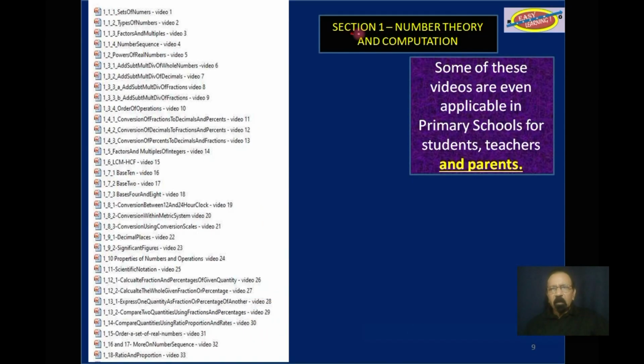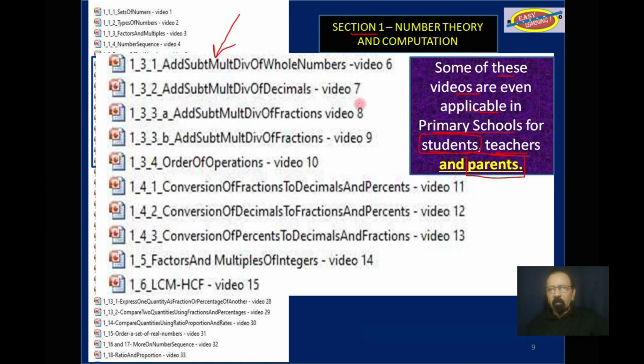Still on section 1, some or most of these videos are applicable even in the primary schools, for students who could look at the videos on their own, either before or after the topic is taught in school, for teachers who may use them as part of the inverted classroom, and especially for parents to help their children in primary school. For example, if I expand that box there, you notice that video 6, from section 1, says add, subtract, multiply, and divide whole numbers.